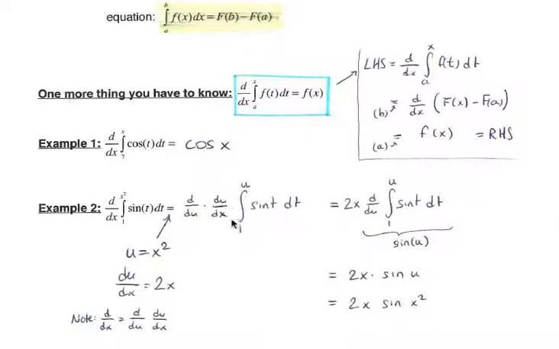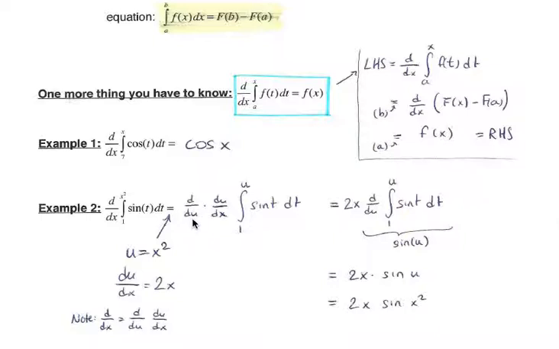The second effect is that I want d du here. I can't have d dx anymore because I need a d du to match with this u up there. So I can change d dx as being d du times du dx. And what is du dx? It's 2x, simply because u is x squared.